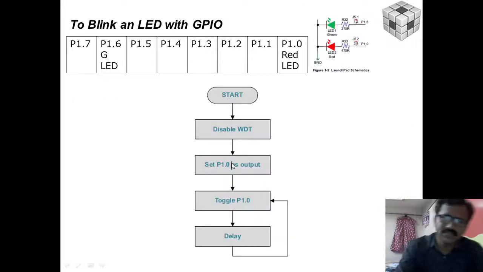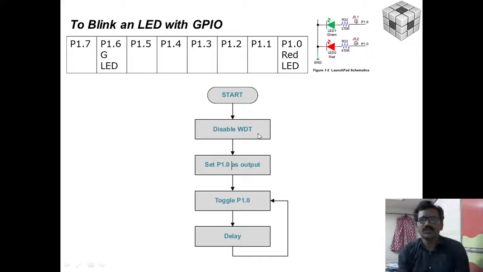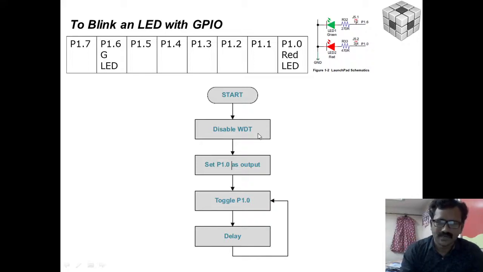Now, this is the flow chart for this program. You can see here the flow chart. Start, disable watchdog timer. In all applications, we should disable the watchdog timer, or else it will generate a reset signal continuously.